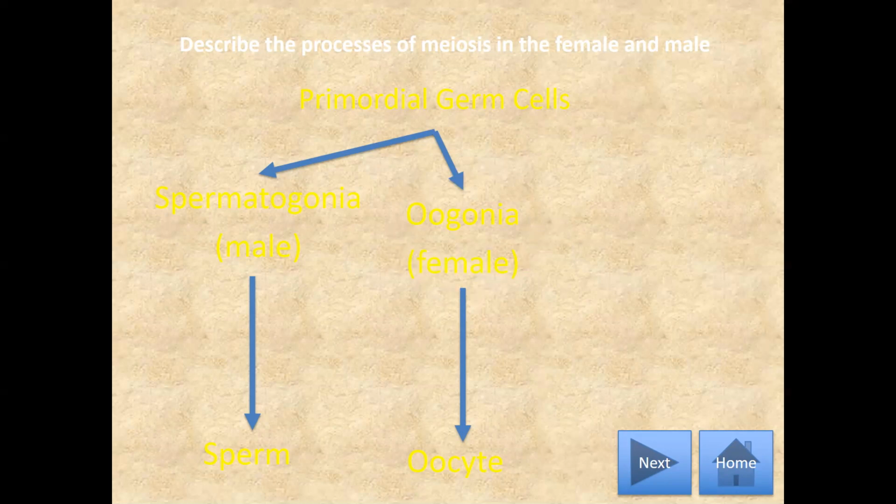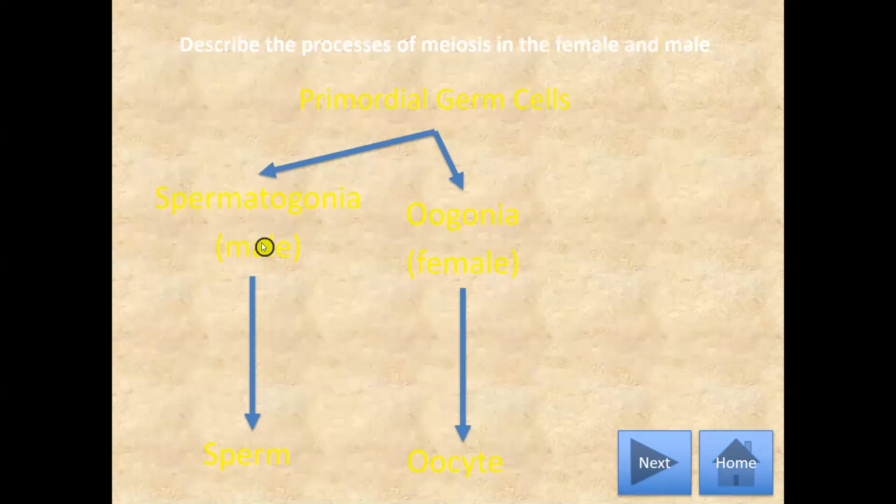And so essentially some will regress, and only some will be stimulated to reach maturation and to actually form an oocyte, whereas for the male, most of the developing spermatogonia will end up becoming sperm. And for every one spermatogonia, actually 4 sperm are created.